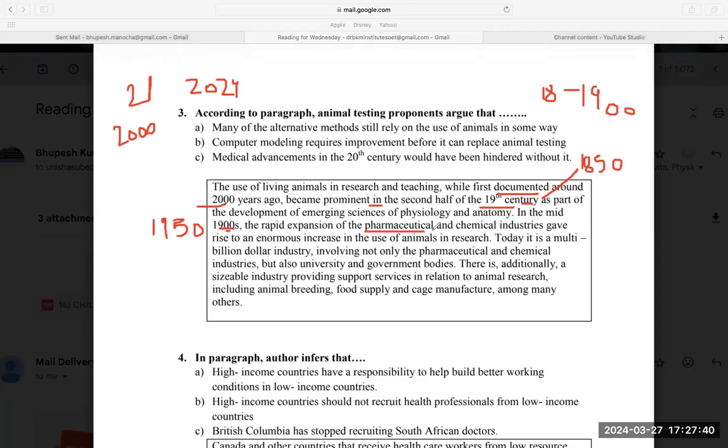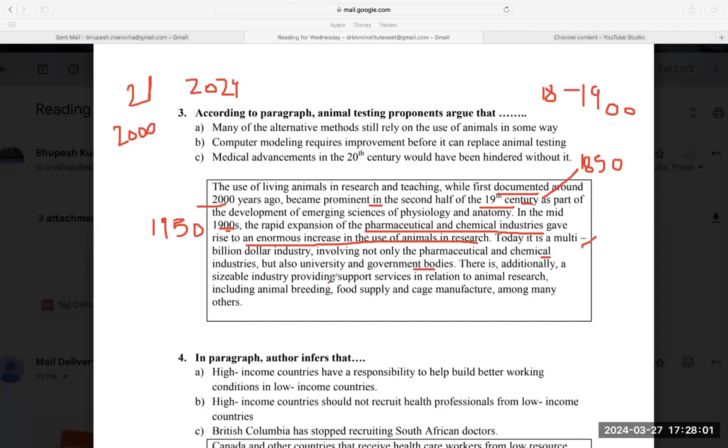The rapid expansion of the pharmaceutical and chemical industries gave rise to an enormous increase in the use of animals in research. So basically, the use of animals in research kept on increasing with time. Today, it is a multi-billion dollar industry involving not only the pharmaceutical and chemical industry but also other bodies.